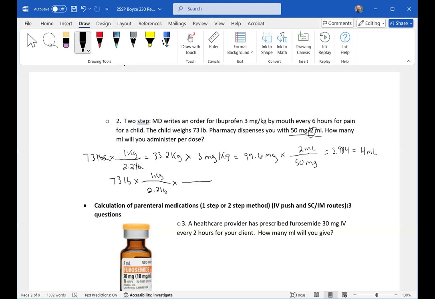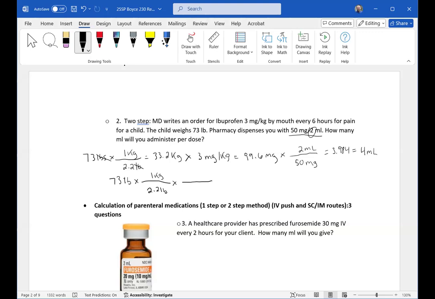My strategy is I'm talking in my head what I'm doing. I want to convert pounds to kilograms. I want to convert milligrams per kilogram for the medication to milligrams, and then I want to solve for milliliters. So I already have an idea of a direction of where I'm going before I put any values, okay?